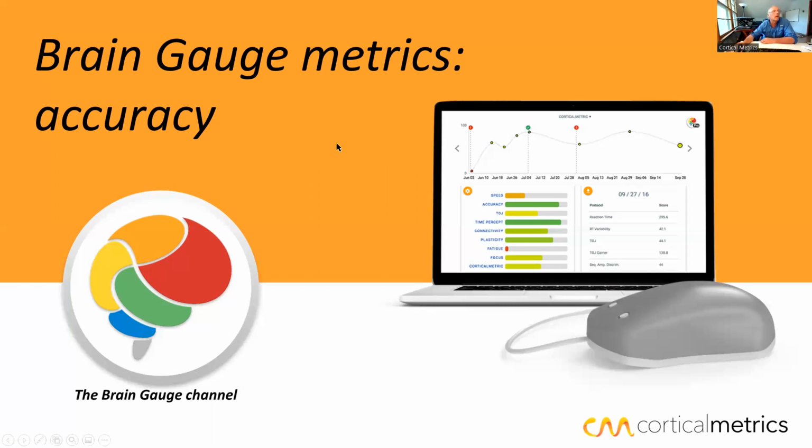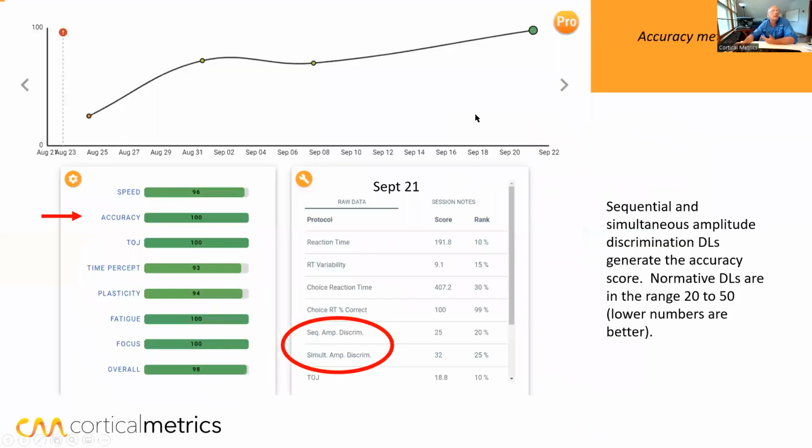But where do you see that in the Brain Gauge? In the analysis app, it's right here. This is the accuracy score, and just a reminder, this is someone's overall trend timeline right here. And on this data point here, we've got all their scores. Accuracy is calculated from sequential amplitude discrimination and simultaneous amplitude discrimination.